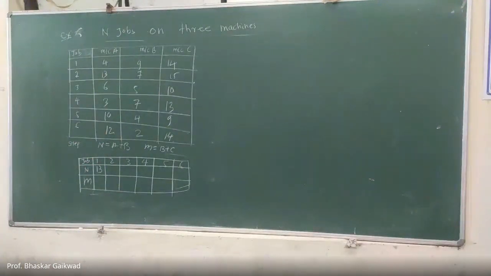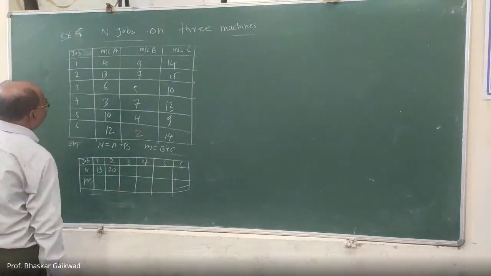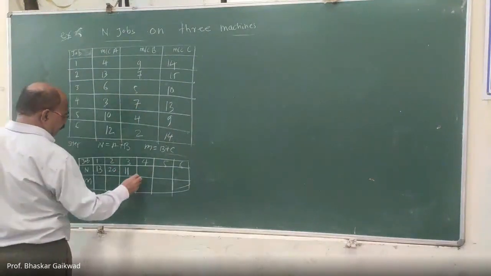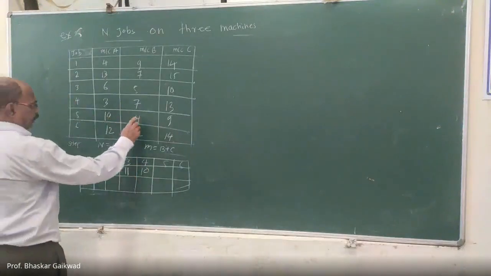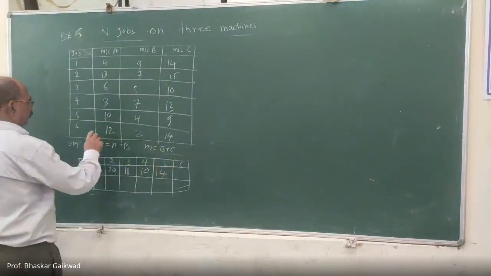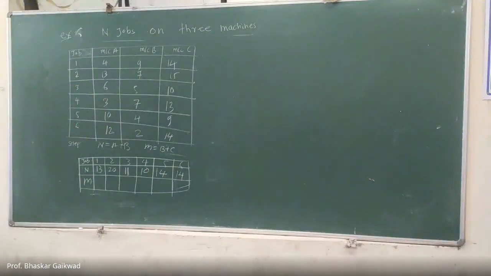Job 2, 13 plus 7, 20. Job 3, 6 plus 5, 11. Job 4, 3 plus 7, 10. Job 5, 10 plus 4, 14. Job 6, 12 plus 2, 14. So we have made the additions of A plus B, the processing time.